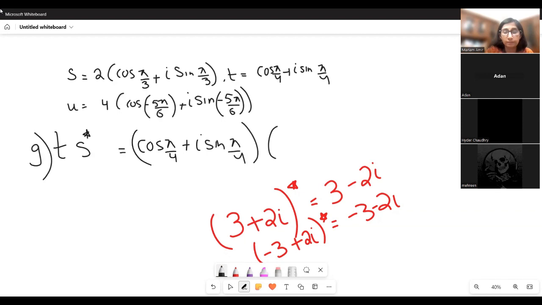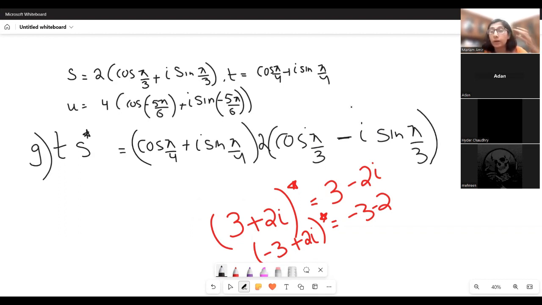So then the conjugate of S is going to be 2 times cos pi by 3 minus iota sine pi by 3. Sorry, S was what we needed, the conjugate of S. Okay. Now there's a bit of a problem, that we have a negative value here.